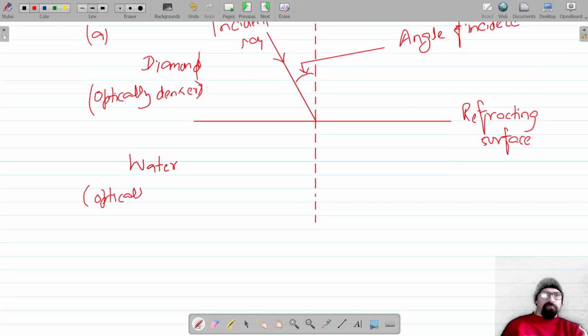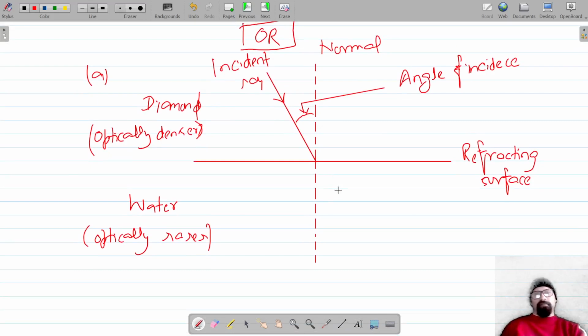So that means that when the incident light goes from diamond to water, its speed increases as compared to the speed of light in diamond. So it will move away from the normal. I'm going to make it like this. So this is moving away from the normal.